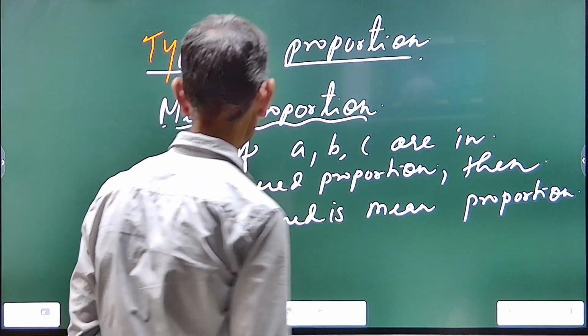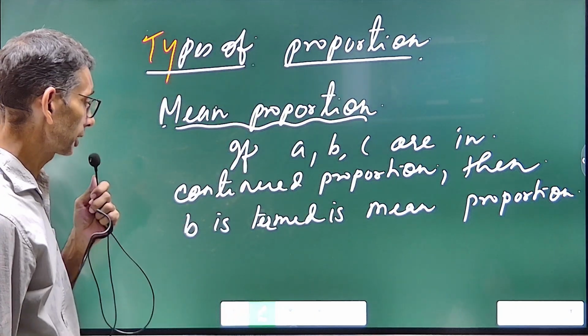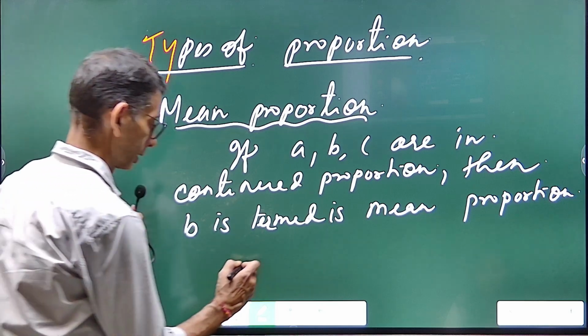Okay, if ABC are in continued proportion, then B is termed as mean proportion.